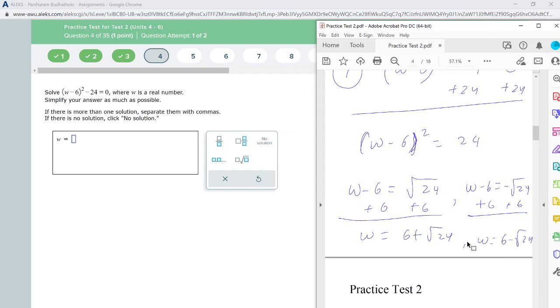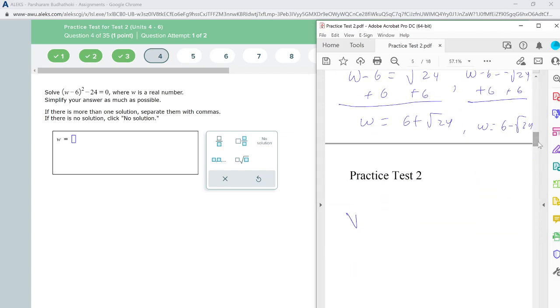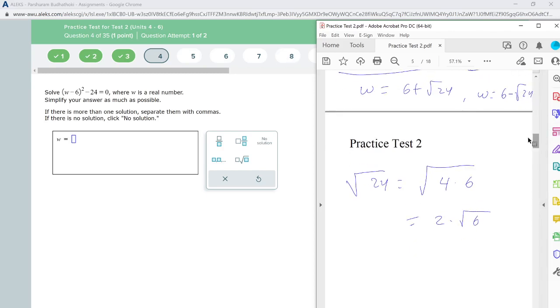You can still simplify this square root of 24, which is 4 times 6. 4 is a perfect square, so it gives you 2 times the square root of 6. So instead of writing square root of 24, I can say w equals 6 plus 2 times the square root of 6. That's one answer. And w equals 6 minus 2 times the square root of 6.